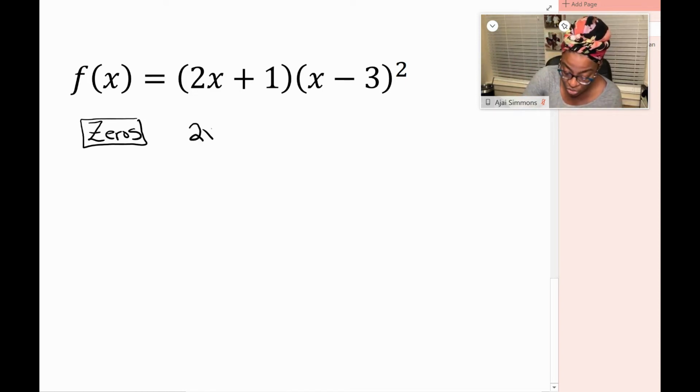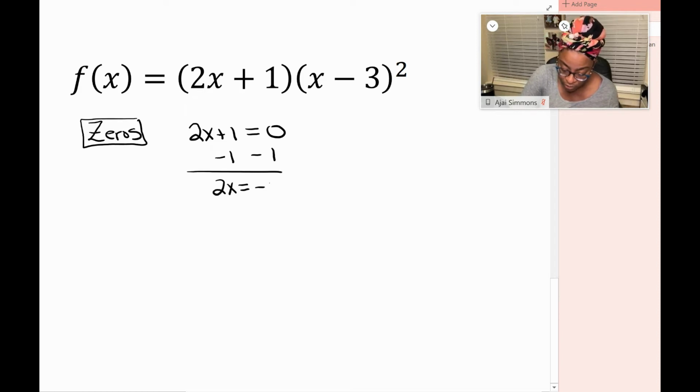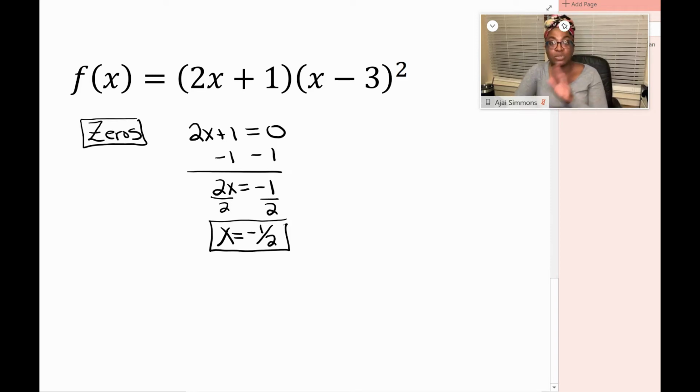So I take 2x plus 1, and I say it's equal to 0, and I go through and solve for x. I subtract the 1, then I divide by 2, and I get x is equal to negative 1/2.